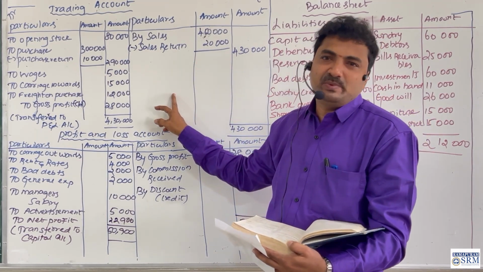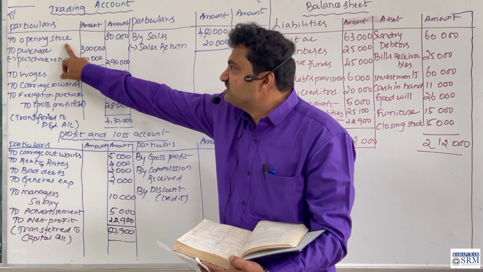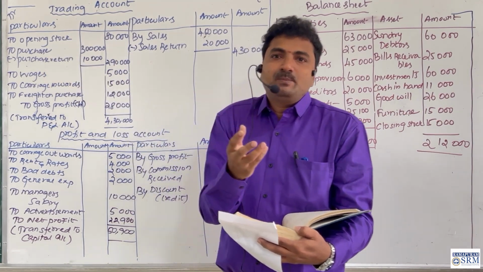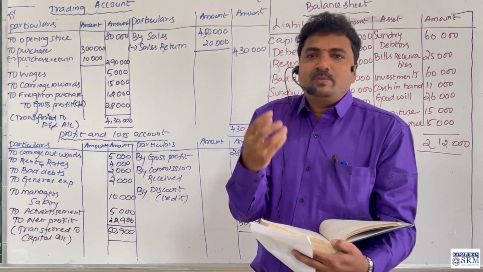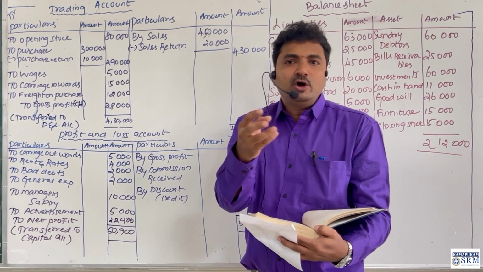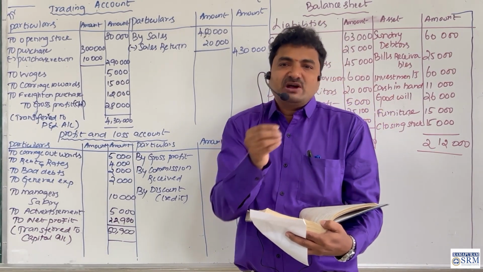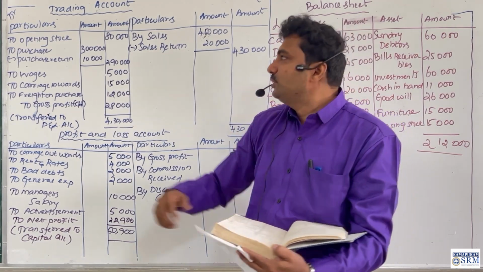Let me give one simple example so that you can easily understand. First one is opening stock. See, for example, opening stock means for manufacturing purposes, your company or your production manager would have purchased some raw materials or some other product for manufacturing purposes.